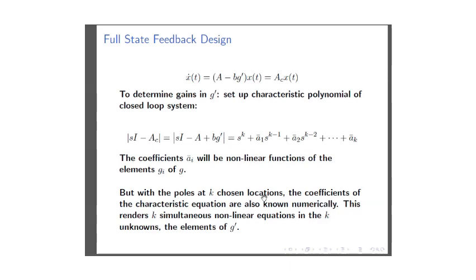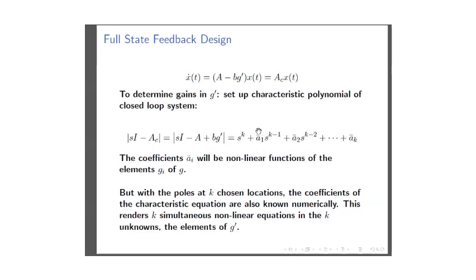So this means that doing that renders k simultaneous nonlinear equations in the k unknowns, the elements of G. In other words, this first term doesn't give us any equation because it's just 1 equal to 1. But if I look at the second term, the A1 bar is a known numerical value after I've calculated the characteristic equation from the chosen pole locations.